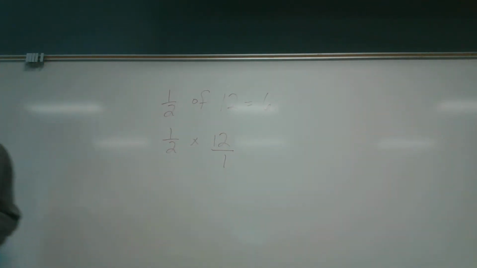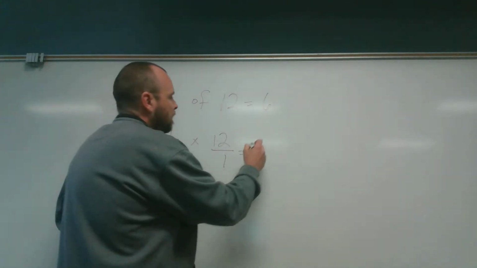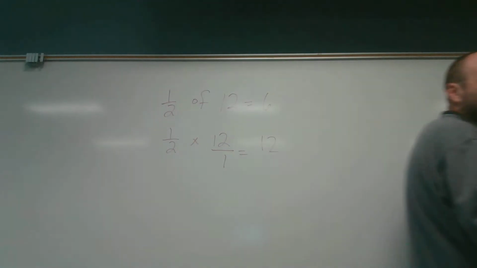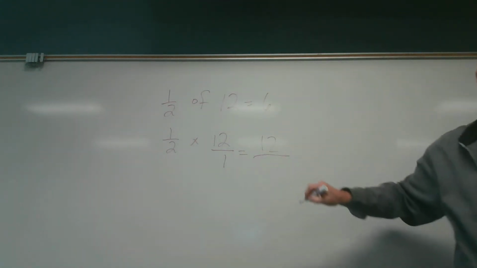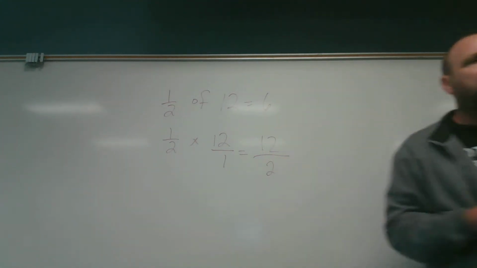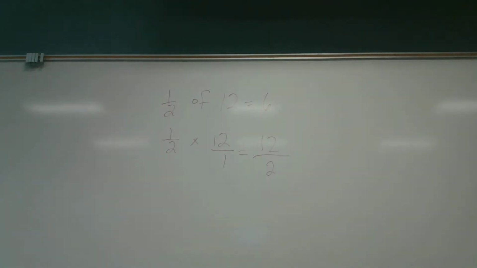Numerator times numerator, denominator times denominator. So, Celeste, my new numerator is? 12. Good. My new denominator is? 2. Awesome. But wait a minute, Mr. McMurdo. You just told me that the multiplication and the "of" are the same thing. So why didn't I get that, Zen?